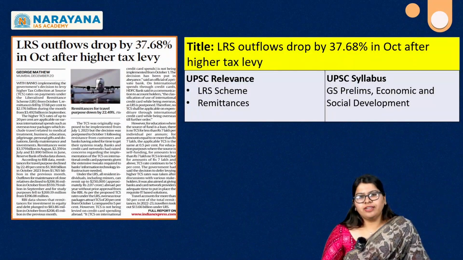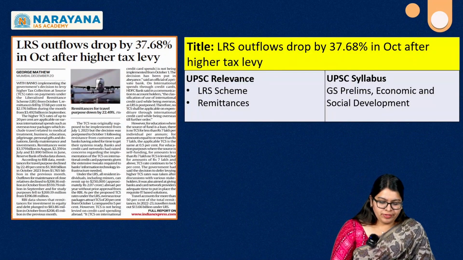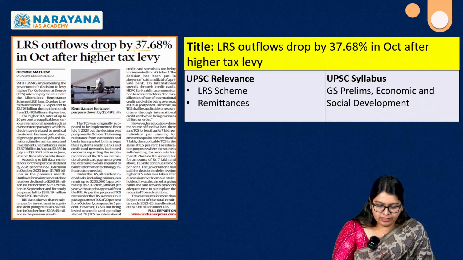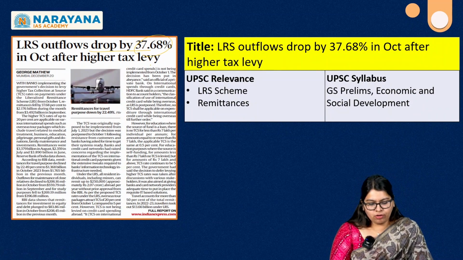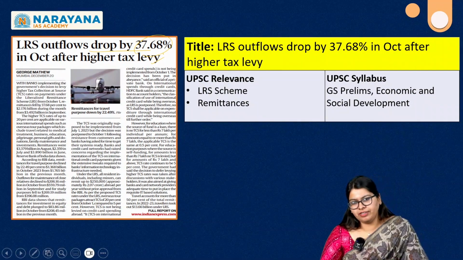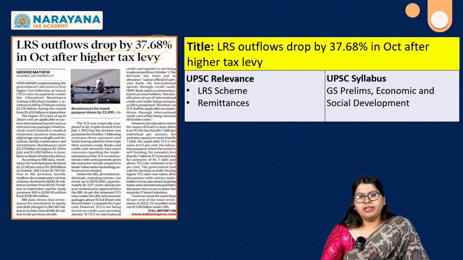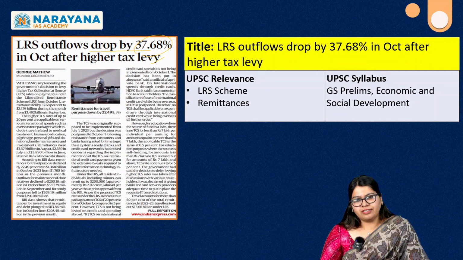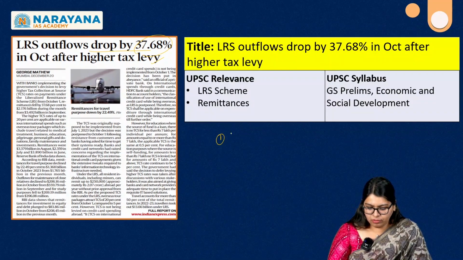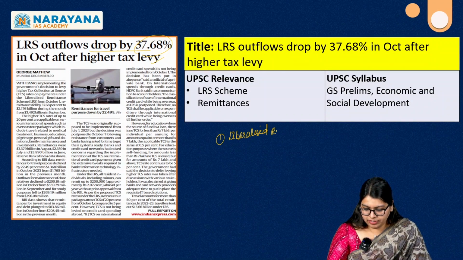So the next news that we will be discussing is that LRS outflows dropped by 37.68% in October after a higher tax levy. This news is nothing but the government has increased the rate of tax deducted at source to 20% from the earlier 5% on all the remittance amount above rupees 7 lakhs. So here we will be discussing the liberalized remittance scheme.